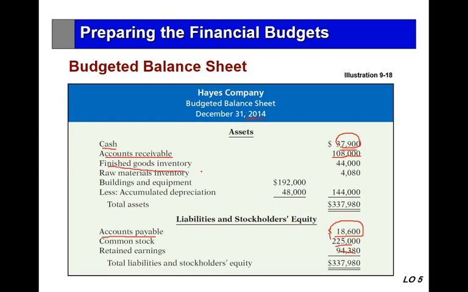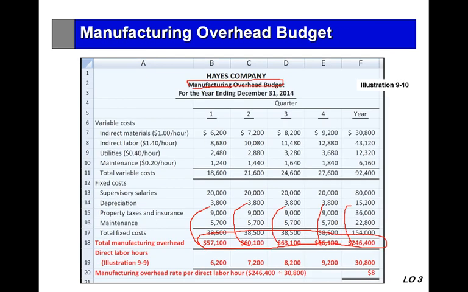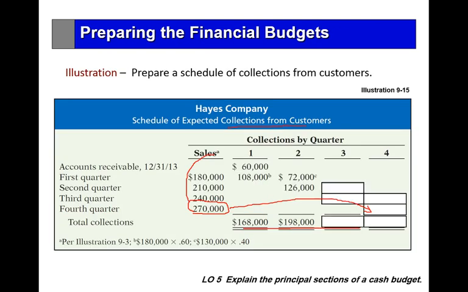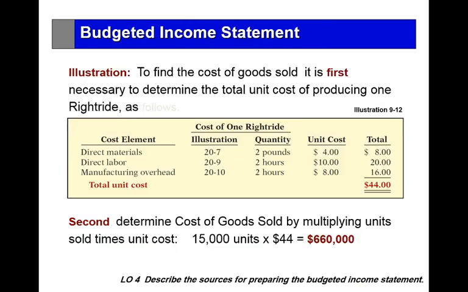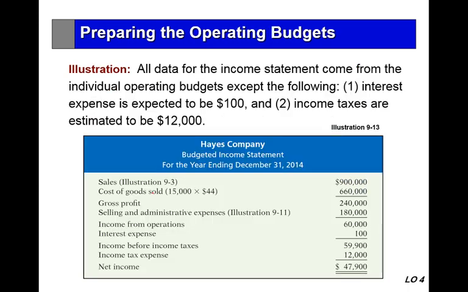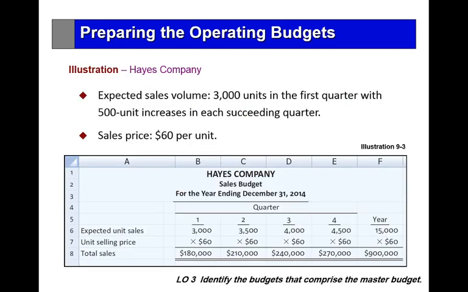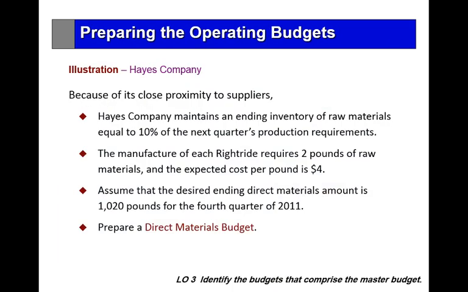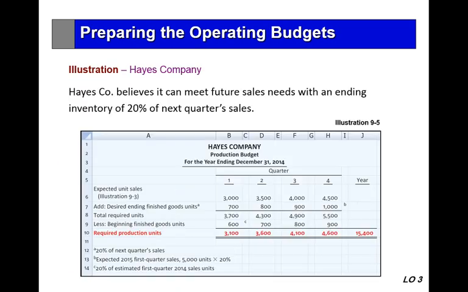Go back to assets. We have finished goods inventory. From where does this come? We have 44,000. It comes from, we go back to the sales budget. Here we have $44 cost per unit of finished goods, and we go back to the production budget.